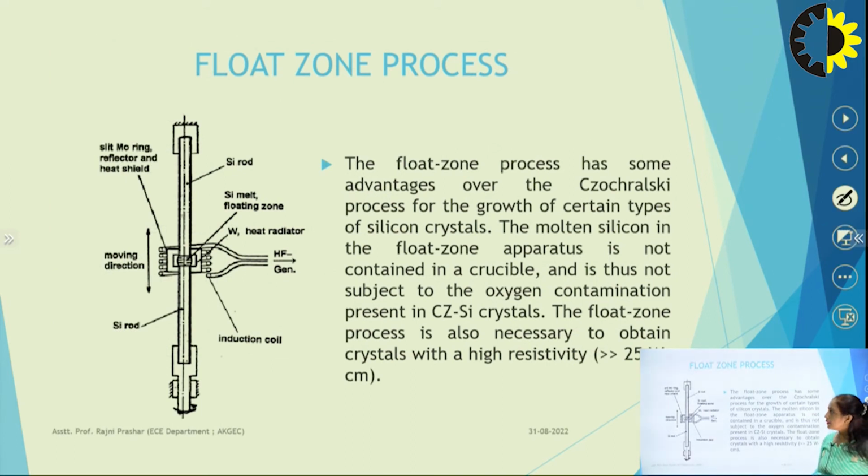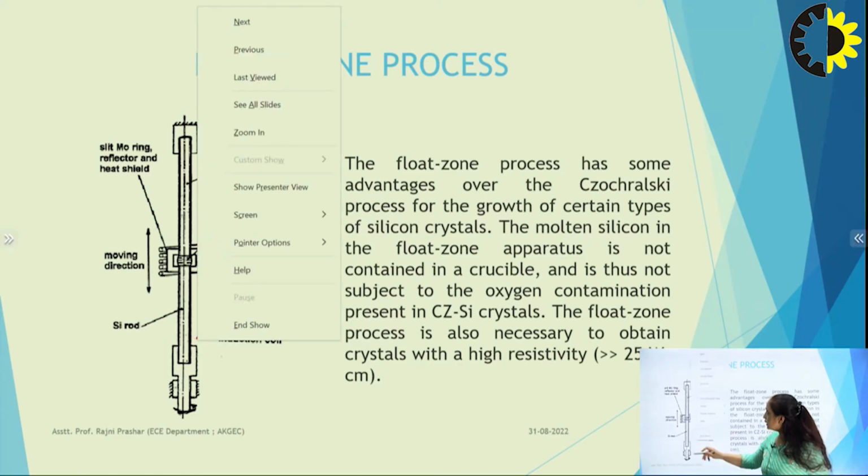So next is the float zone process. This is another method which is used to form single crystalline silicon. In this method, we have this silicon bar, this silicon rod which is pure, and at one end we have a silicon seed.